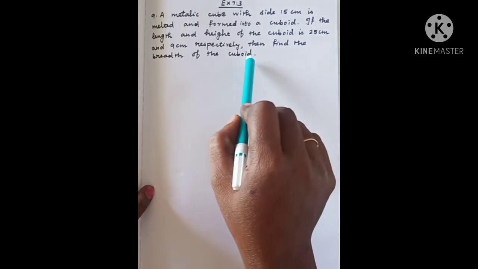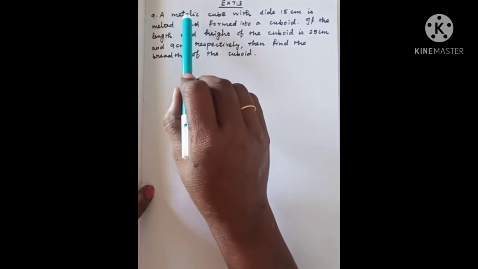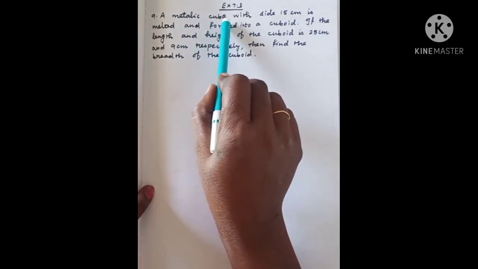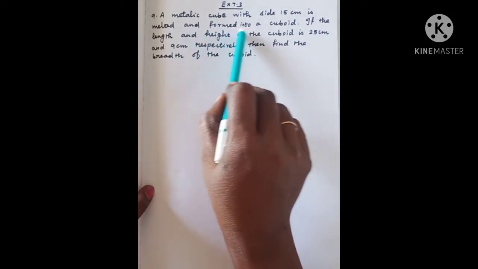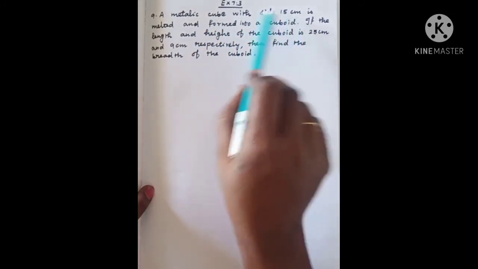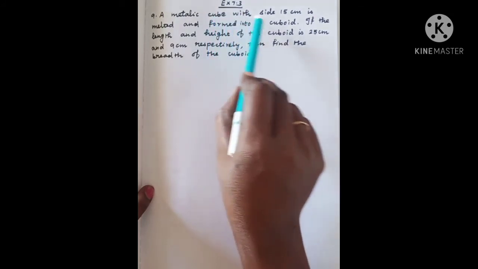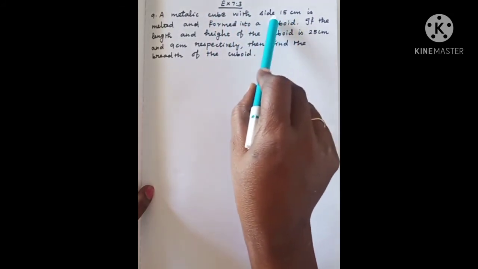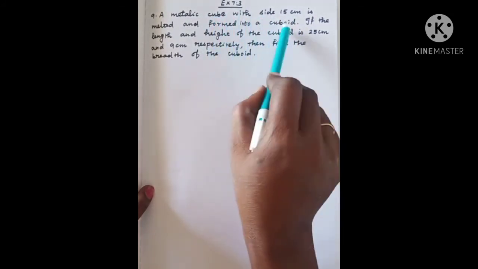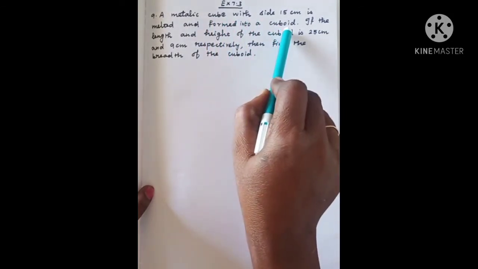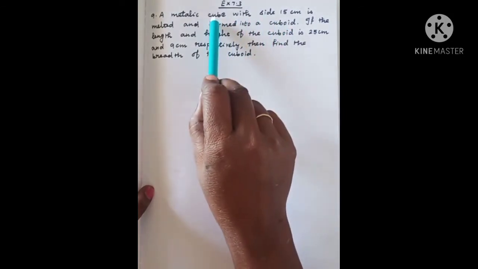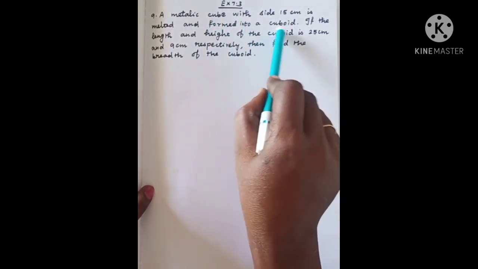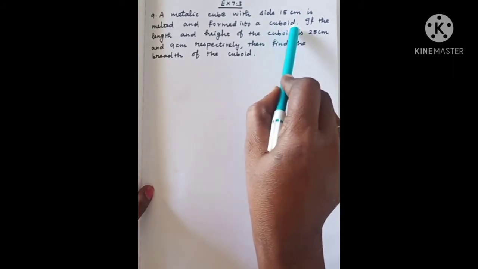Here in this problem, they are given the metallic cube is melted and reformed into a cuboid. So the capacity is same for cube and cuboid. That means the volume of cube is equal to the volume of cuboid.